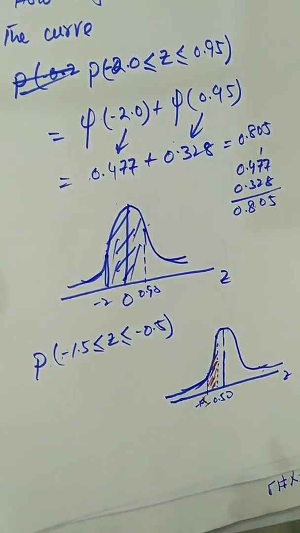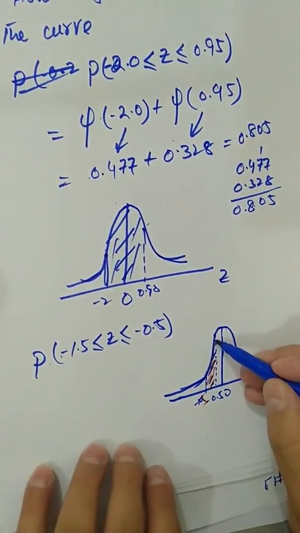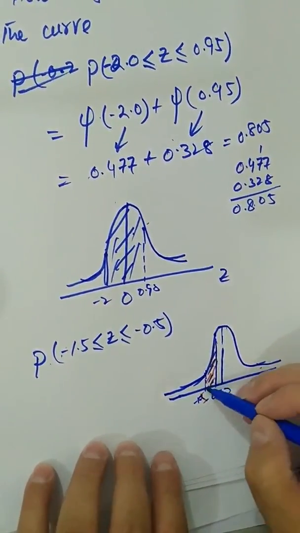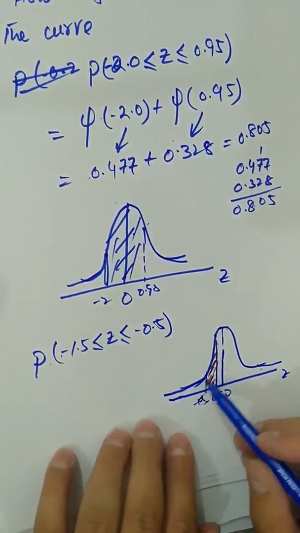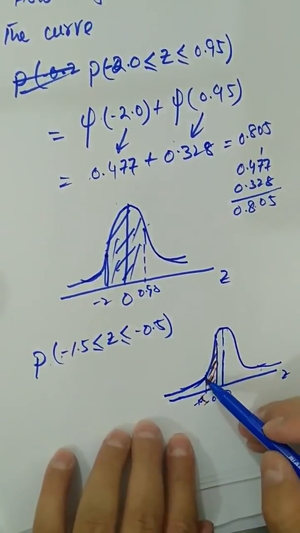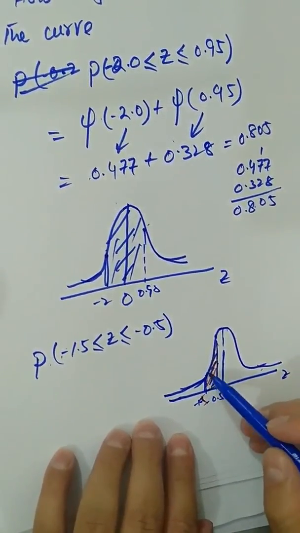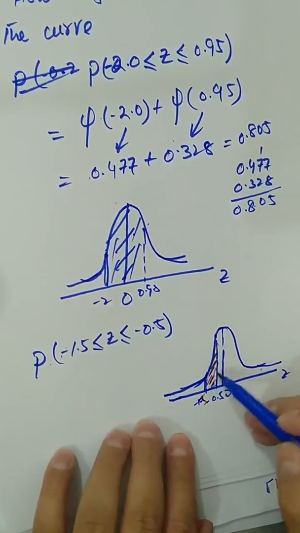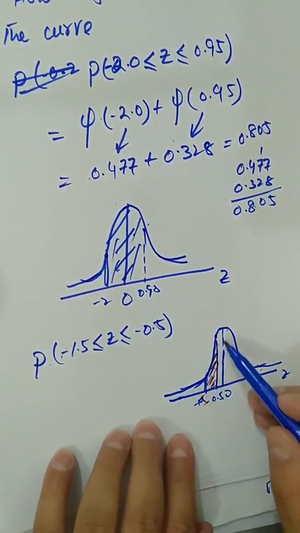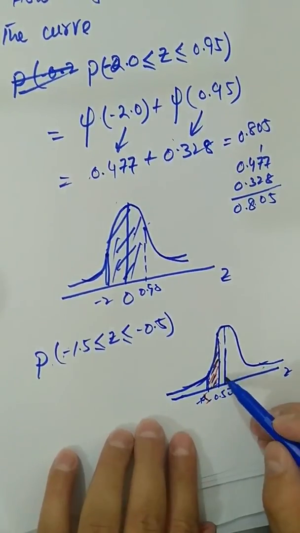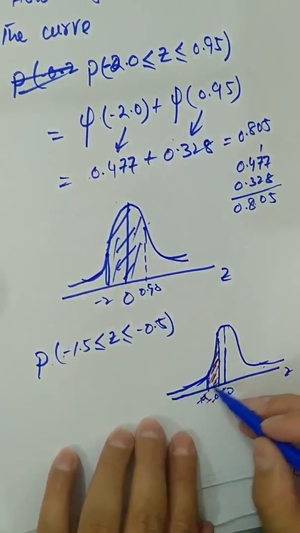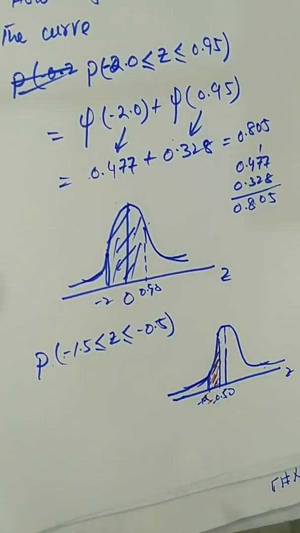So the trick is, I will find this area, then I will subtract it from the total area, which is 0.5.